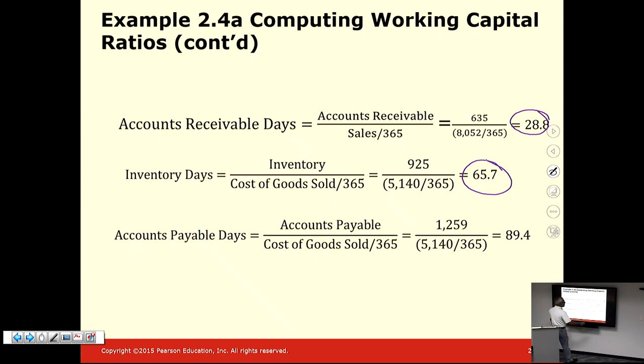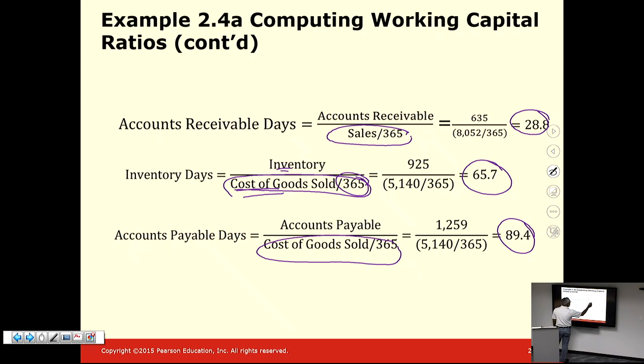It takes about 90 days to make good on your payments. So inventory days would be inventory divided by cost of goods sold divided by 365. So this is average daily cost of goods sold, average daily cost of goods sold, average daily sales for accounts receivable.